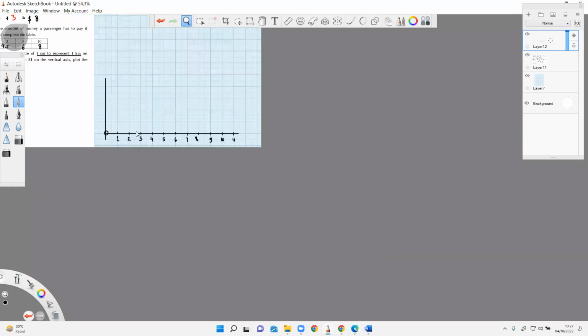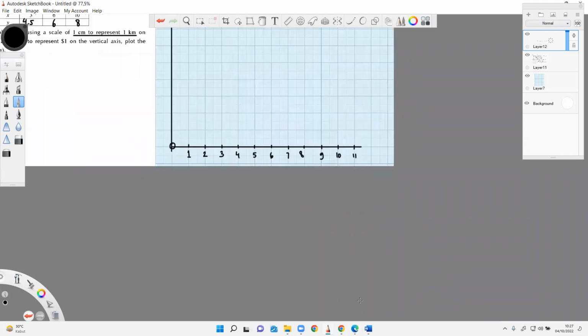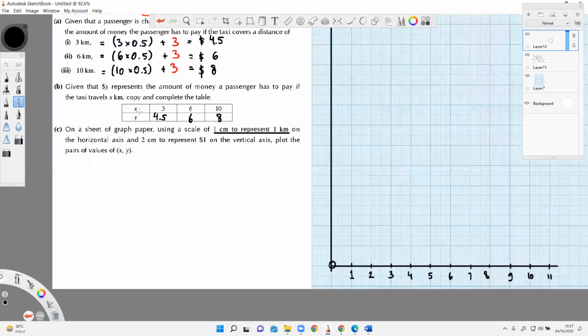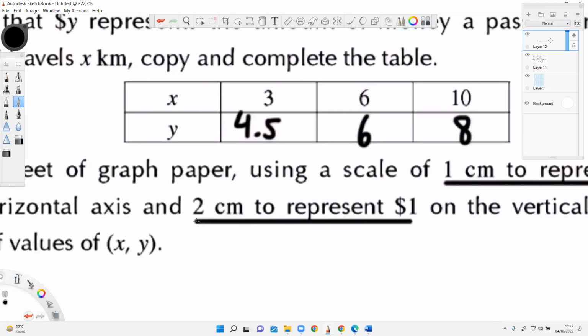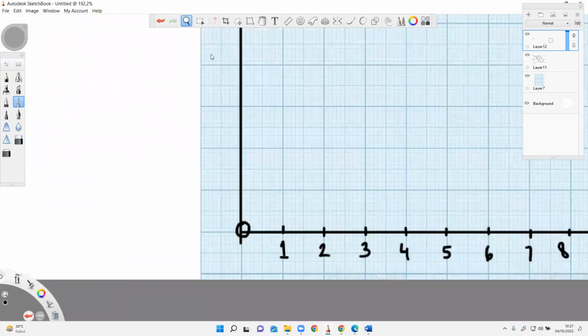Okay, and then how about this? The vertical axis, let's see the detail. Every 2 cm represents $1. Yeah, every 2 cm starting from 0, right? $1, $2, right?